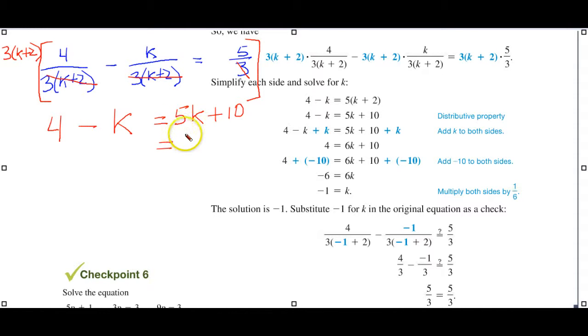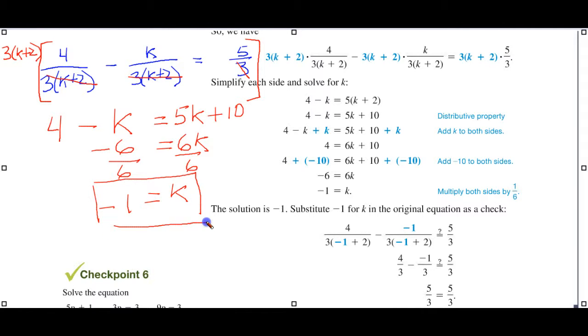On this side it becomes a plus, so that's 6k. Transpose this 10, becomes a negative 10 on this side, which gives us a negative 6. We divide both sides by 6. We get k equals a negative 1. Now, they are saying if we put a negative 1 in there, doesn't make any of our denominators a 0, so that's good. This, then, is the solution.